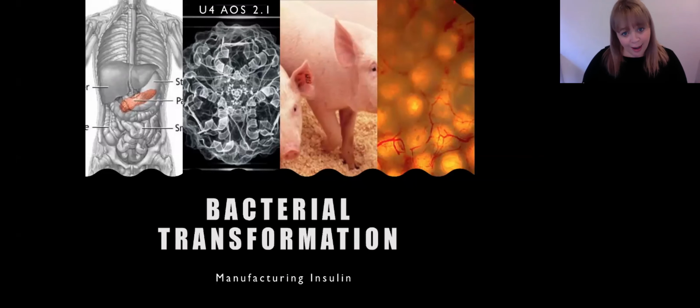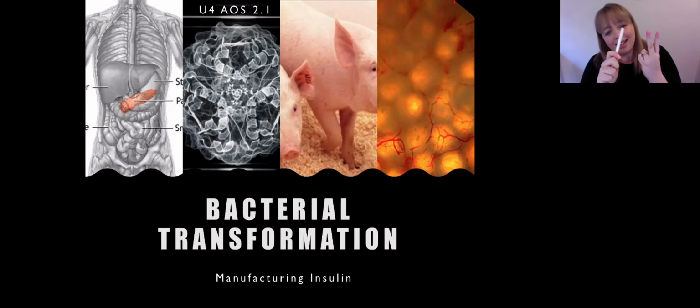But before we start that, we need to think about insulin again. So I did say that insulin is a really good example for multiple reasons in the course. Insulin is a hormone. Insulin is a protein. So you can automatically see that we are talking about signaling molecules. We're talking about protein manufacture, so you could link that back to DNA as well.